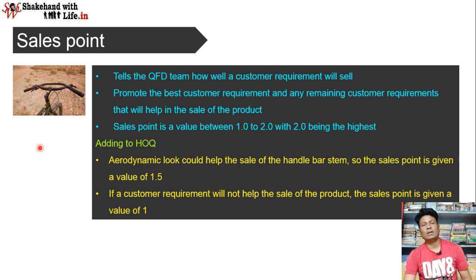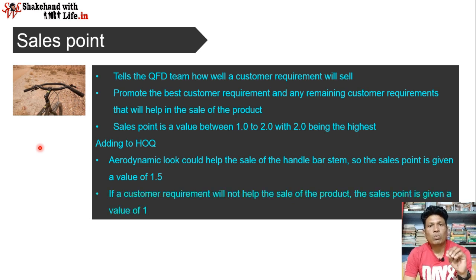And how to add to house of quality? Suppose we take aerodynamic look. It could help the sale of the handlebar stem. It is an important characteristic according to the customer requirements for handlebar stem. So the sales point is given a value of 1.5 by the QFD team.